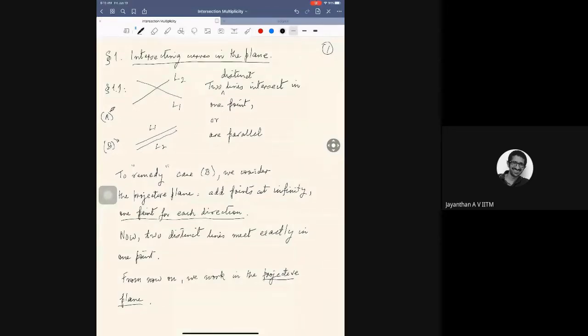So one would say most of the time two lines intersect in a point, but there are those exceptional cases which can be remedied. So one has to understand what one means by remedy. One goes to the projective plane, and for each direction one adds a point. And now any two distinct lines meet in exactly one point. So one has some sort of conservation. We know this very well, and therefore we will work always in projective space, actually the projective plane.